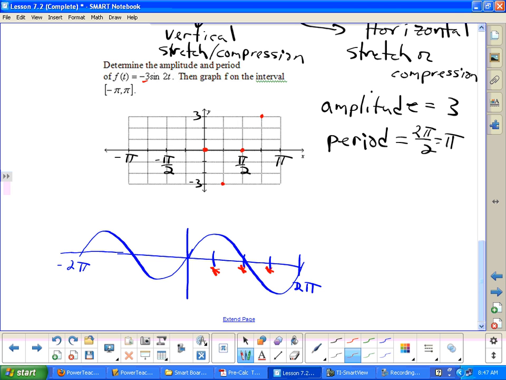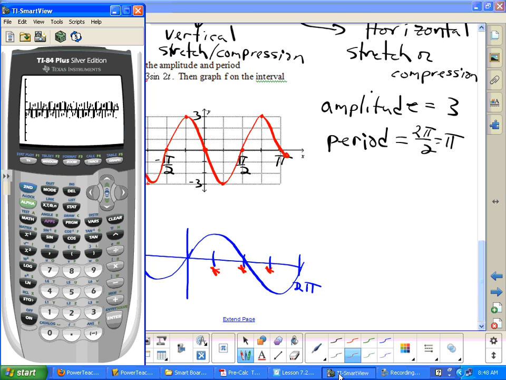Then we're going to go back down to 0, and we can follow that pattern. And there's our graph. Now it looks just like what's on your calculator, right?